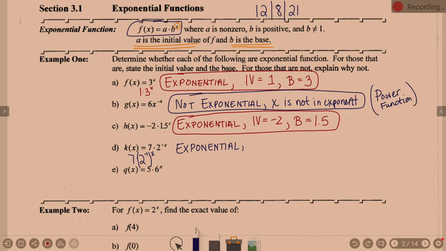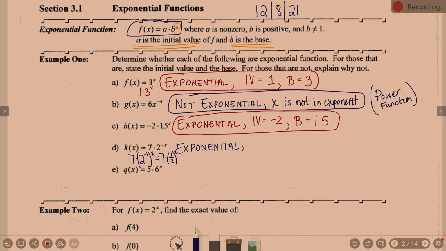1/2? Because what's a negative exponent tell us to do? To make a negative exponent positive, you take it to the denominator, right? So if it's 2 to the negative first, you make it 1 over 2 to the positive first. And so this is 7 times 1/2 to the x.